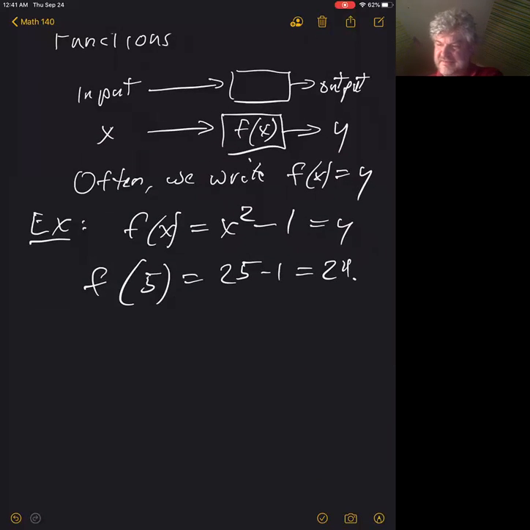All right. It doesn't always have to be an equation where the y is all by itself on one side. This could be rewritten in many different ways.